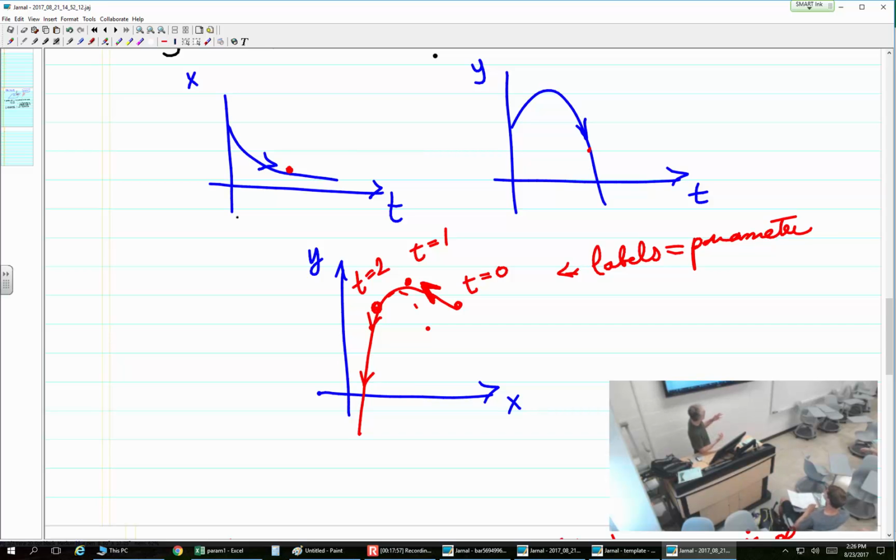To begin with, derivatives, right? You know the derivative of x with respect to t, and the derivative of y with respect to t. You combine them together, and you can know something about this curve. Can you suggest any way to do it?